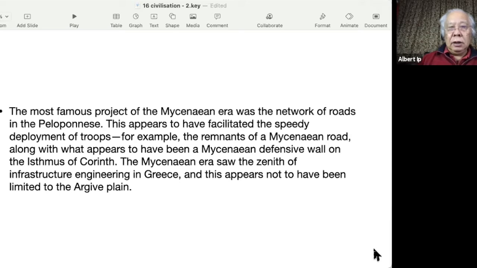So that is another very interesting development in terms of human civilizations. Sometimes the damage actually becomes a point of growth. The infrastructure engineering seems to have been very good at that time.